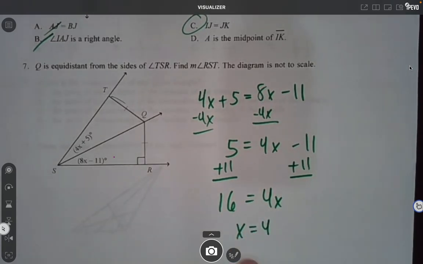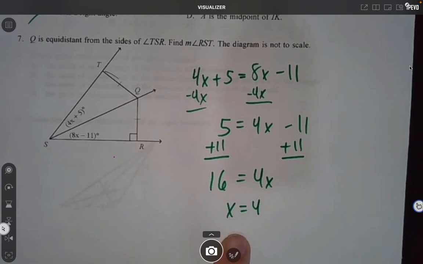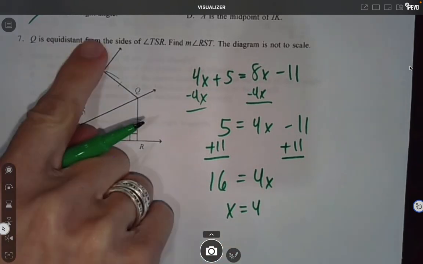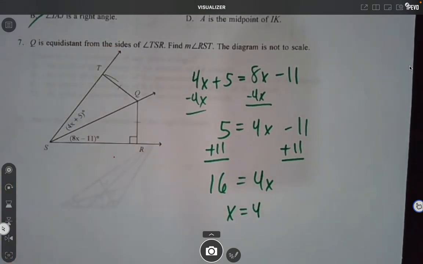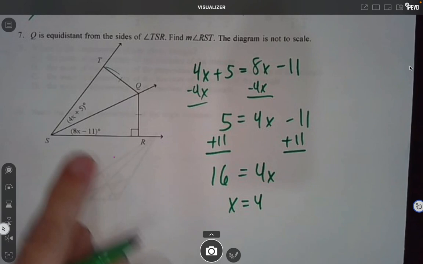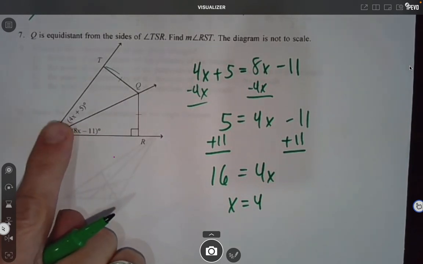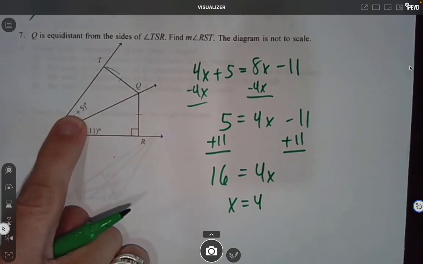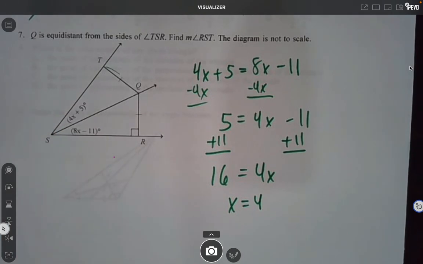Did it ask me for x? No. It says find the measure of angle RST. That's the whole thing, both angles. So how do you do that? You can solve both, or plug it into one of them, because they're equal. What's 4 times 4? 16, plus 5 is 21.